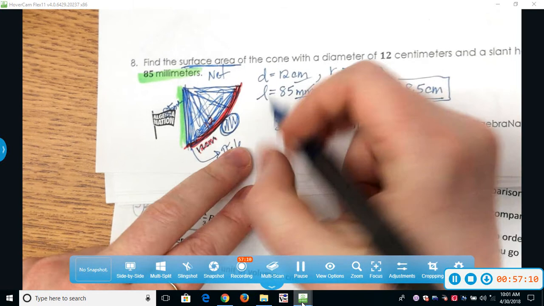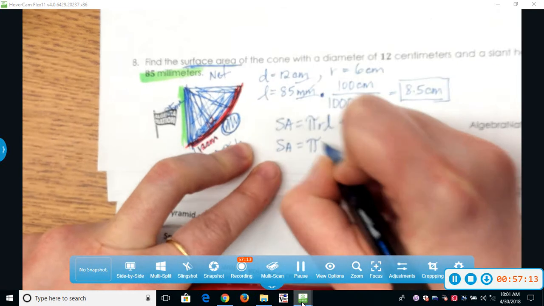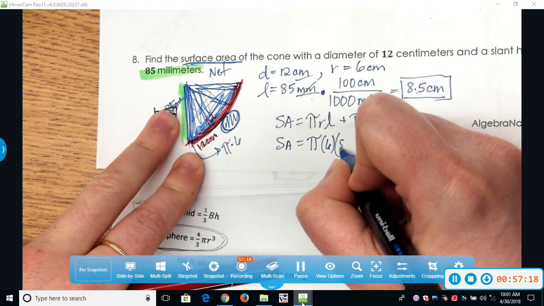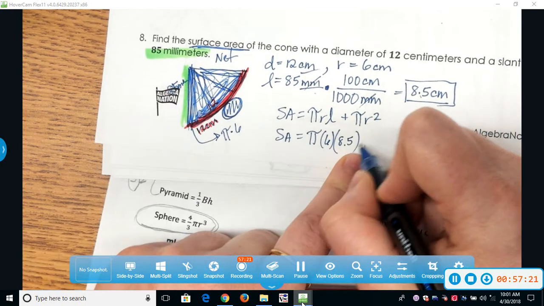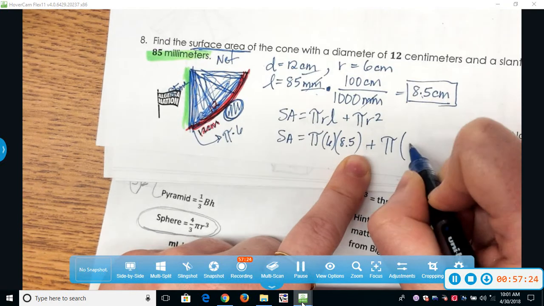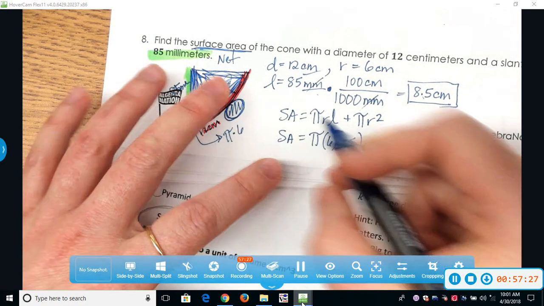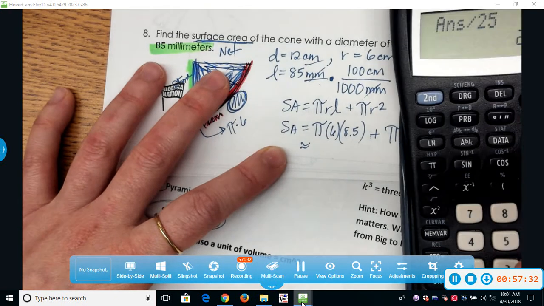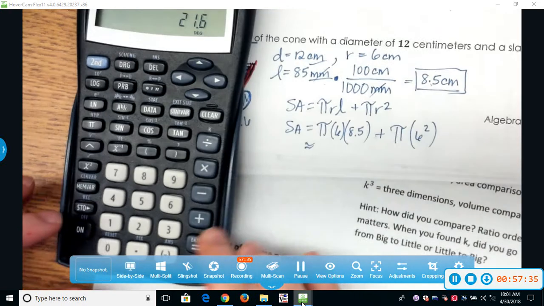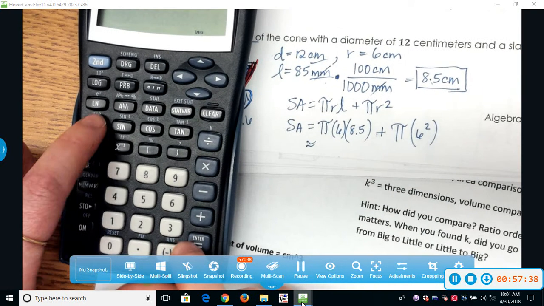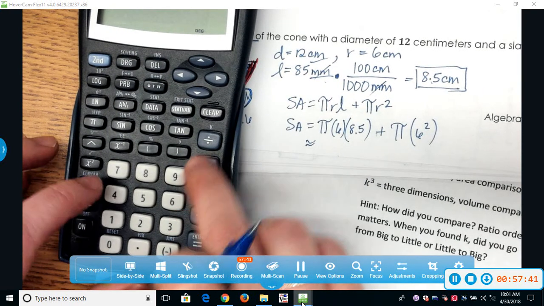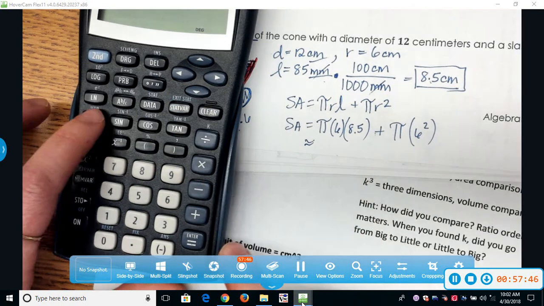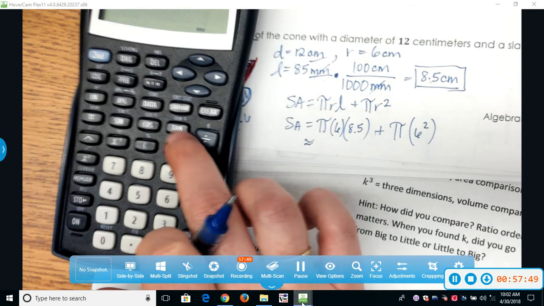Let's plug in numbers. Pi is just a number. R is 6. L is 8.5 because we converted it. Plus pi again times 6 squared. I'm going to plug all that into a calculator and get an approximate number. Start a parentheses, pi times 6 times 8.5 plus pi times 36, because 6 times 6 is 36.